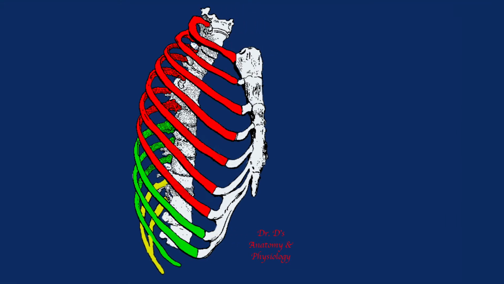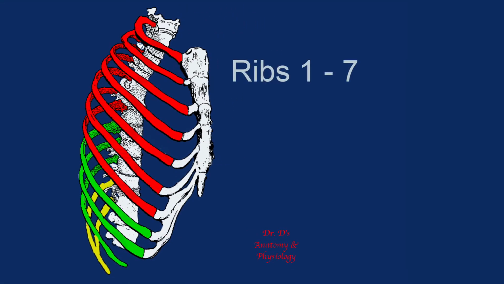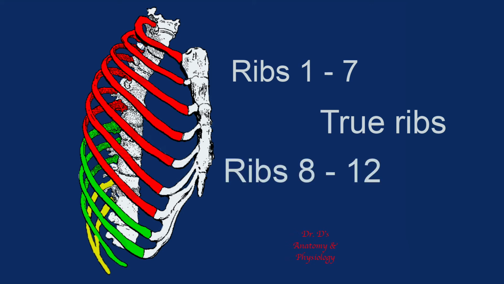As already pointed out, only ribs 1 to 7 attach directly to the sternum. These ribs are referred to as the true ribs. And as you can imagine, the remaining ribs, ribs 8 through 12, are going to be referred to as the false ribs, because they don't attach directly to the sternum.